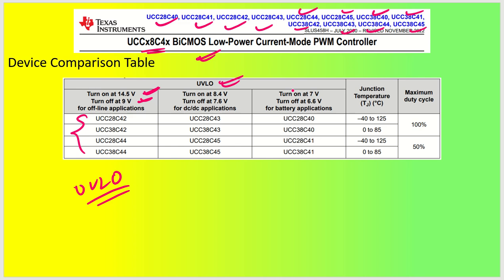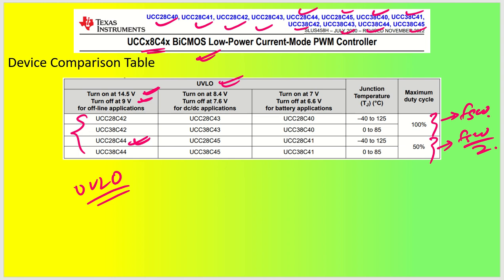Our main purpose is to concentrate on this particular device, the UCC28C44. Generally you can see there are two types of duty cycle. One is 100%, which corresponds to the switching frequency that you have set, and the other is half of that, the switching frequency divided by 2. That will be the duty cycle that we can set.